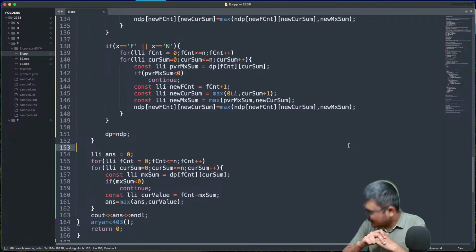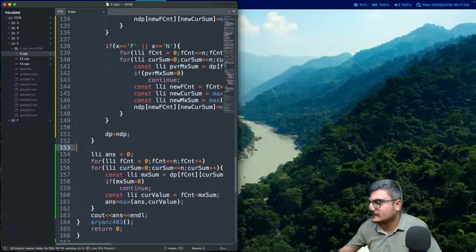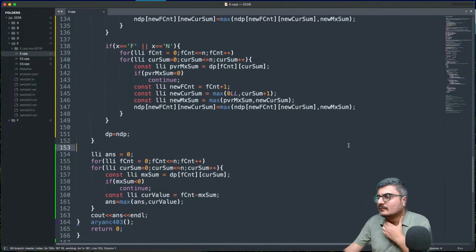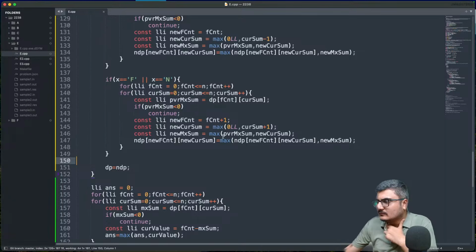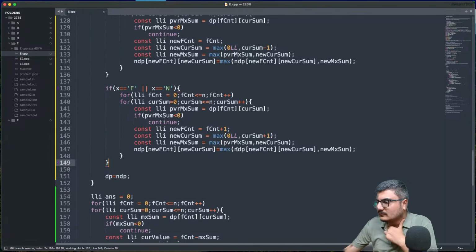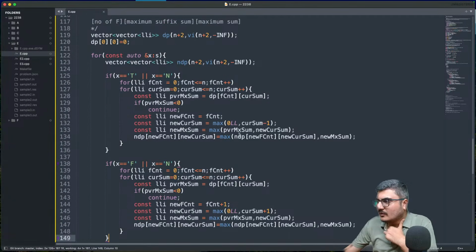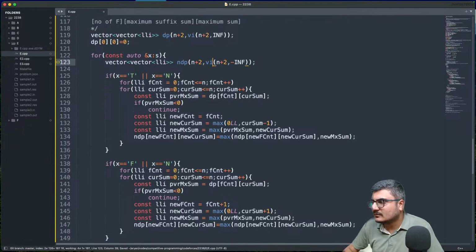Like, overall, our primary issue here would be like... Okay, what we want to do is actually minimize the value here, minimum of the maximum sum.